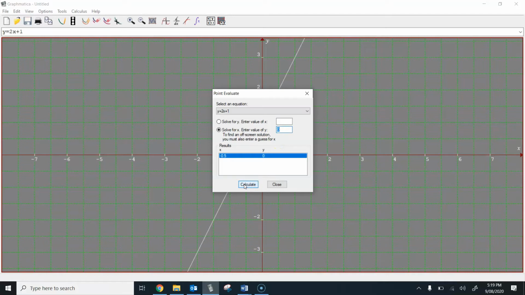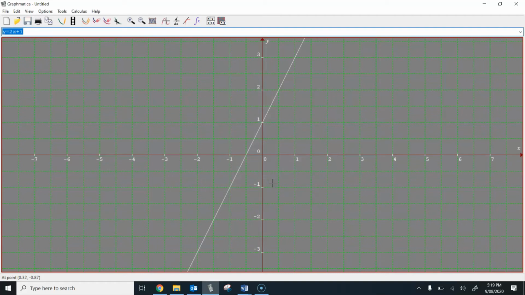So if you get an error, just go back out of it again and press Tools, Evaluate, and then select the second option. So I typed 0 there, and it gave me the coordinate minus 0.5, 0. So there's more than one way. You don't have to do all of these ways. Option 1, put your cursor on top and see if you can read it off accurately at the bottom left-hand side of the screen.